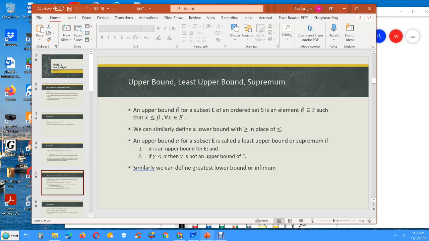A set could have a whole bunch of upper bounds; there isn't necessarily just one. That element has to be drawn from the superset S, but it doesn't have to be a member of the subset itself. You can similarly define lower bound. And it's a least upper bound if it's less than any other upper bound. Again, the least upper bound doesn't have to be a member of the subset itself, but it has to be smaller than any other upper bound.